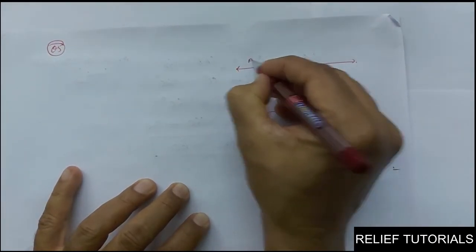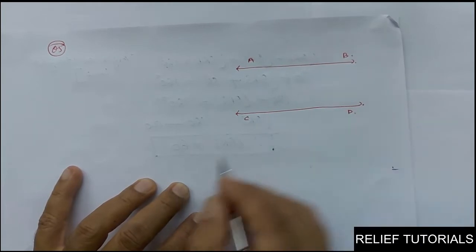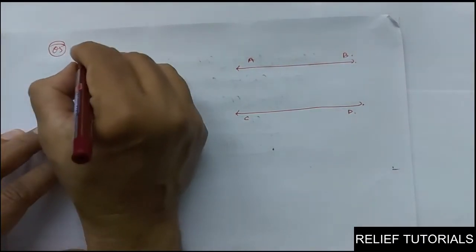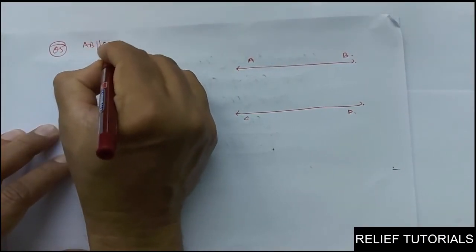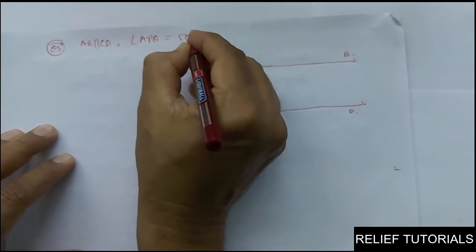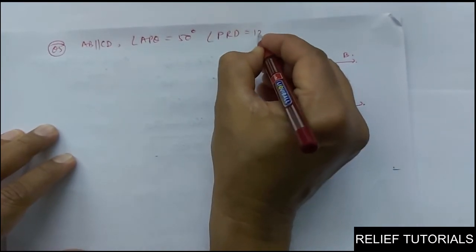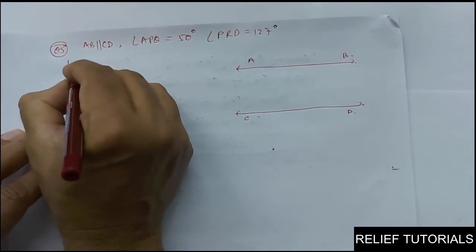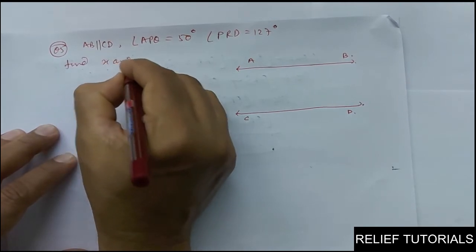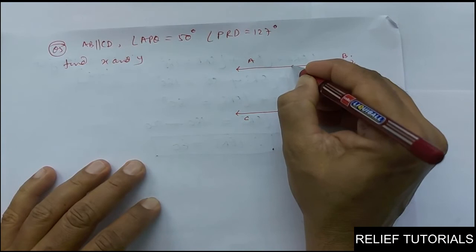This is two lines A, B, C, D. So it is given AB is parallel to CD and angle APQ is equal to 50 degrees. Angle PRD is equal to 127 degrees. You have to find X and Y. Okay, so we'll do the diagram.